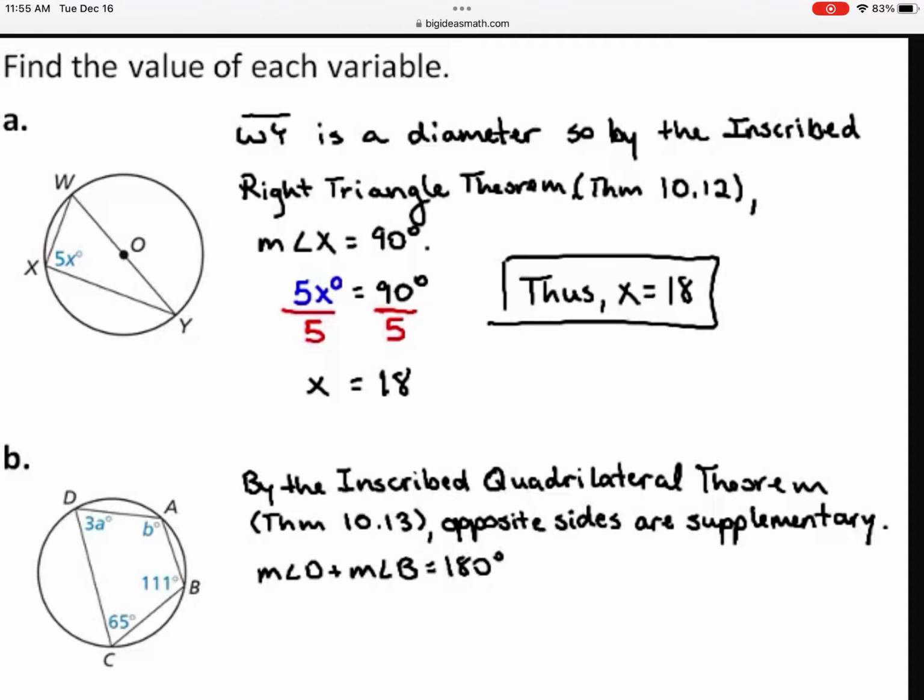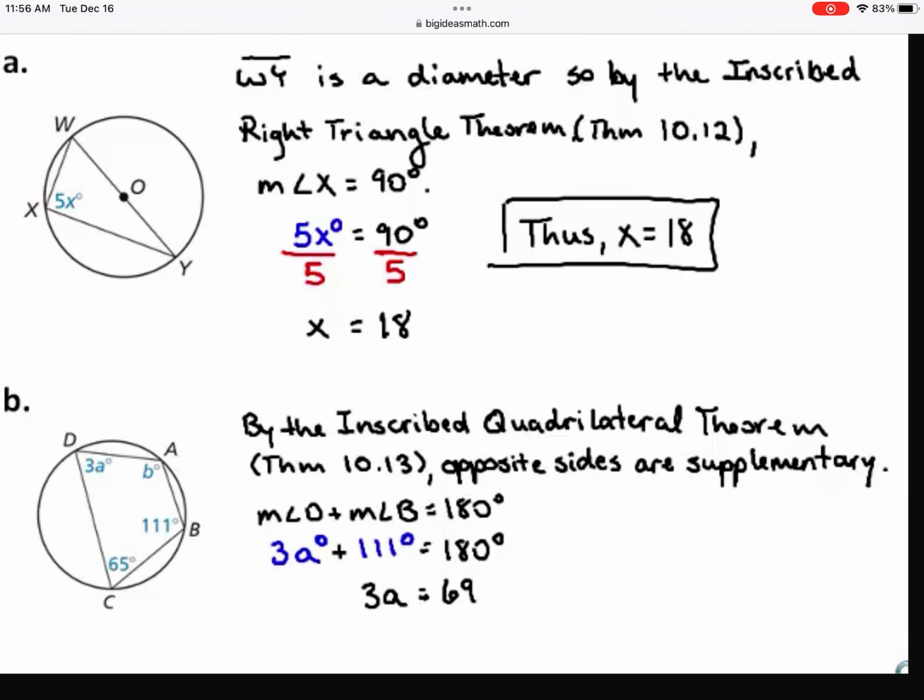Substituting in the given information gives 3a degrees plus 111 degrees equals 180 degrees. Subtracting 111 degrees from each side gives 3a equals 69. Then dividing by 3 on each side gives a equals 23.